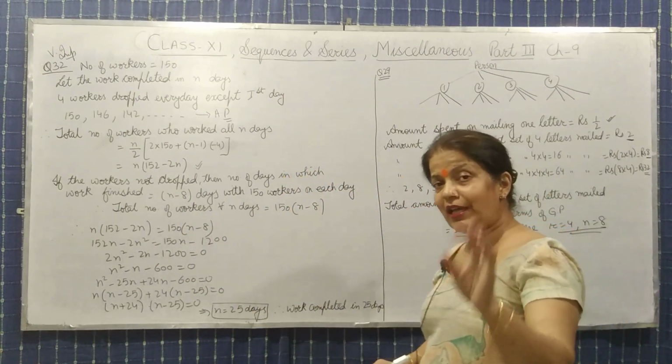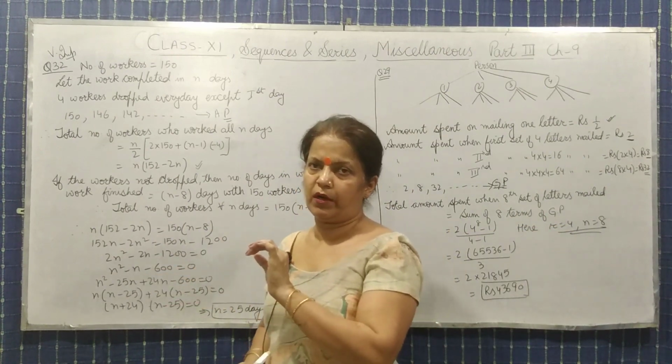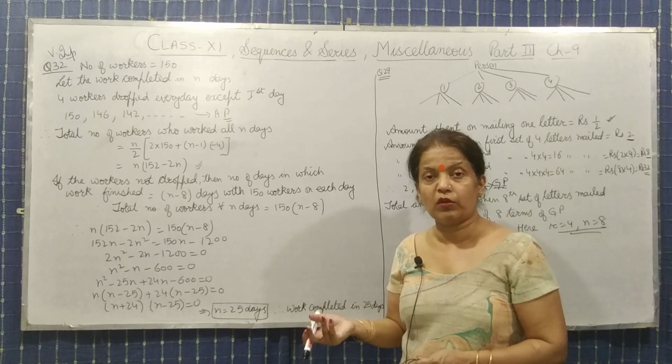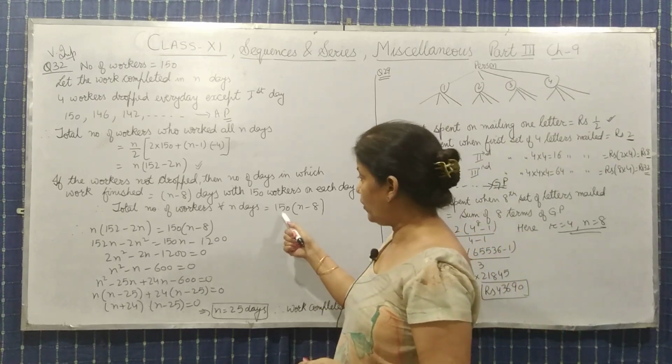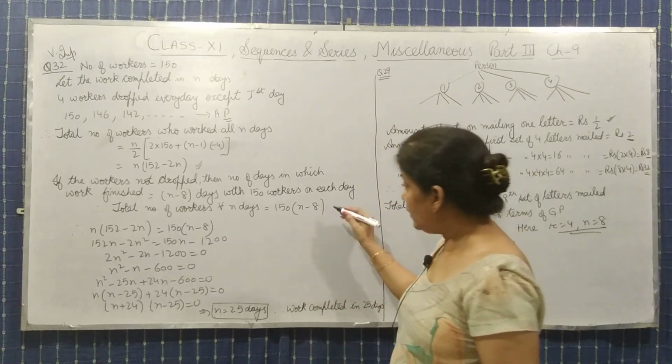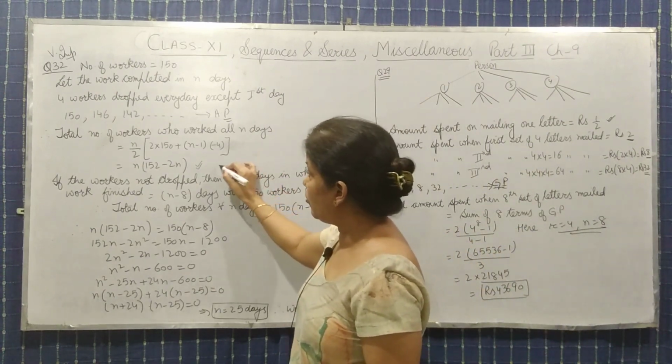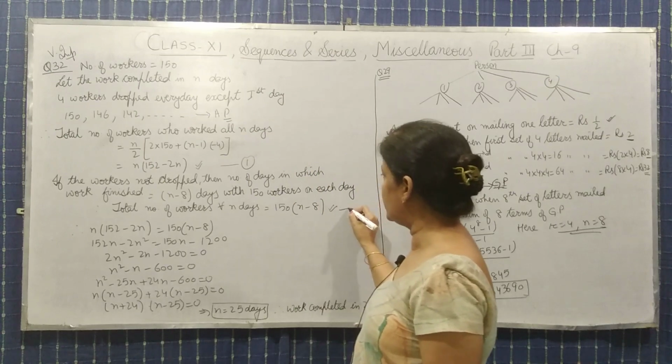Means कि daily 150 workers काम कर रहे हैं. तो n minus 8 days, how many total workers will be there? 150 into n minus 8 days. ये भी आपका total number of workers है, and this is also total number of workers.